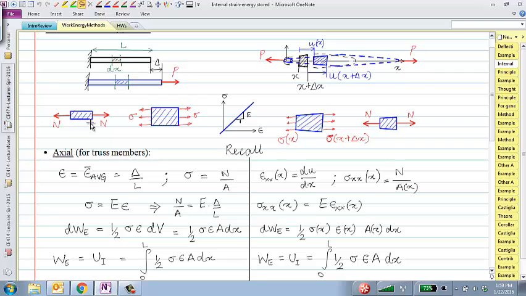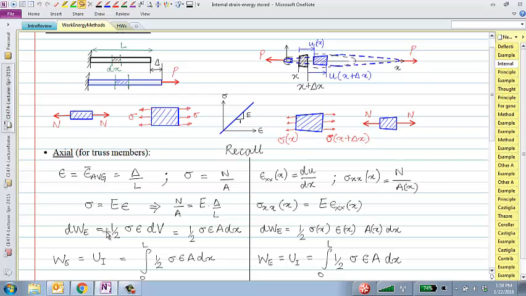That internal tension or compression would cause some stress. That stress is what I'm calling sigma. So sigma would be simply equal to the internal force N divided by the area of cross section, so sigma equals N over A. And a couple of lectures ago, we talked about what the average strain would be. Average strain would be the total extension, delta, divided by the original length, delta over L. And we know that stress and strain are related with the Young's modulus.